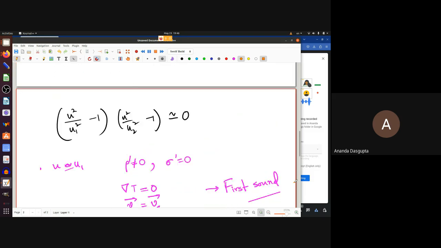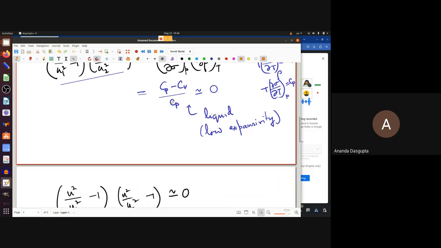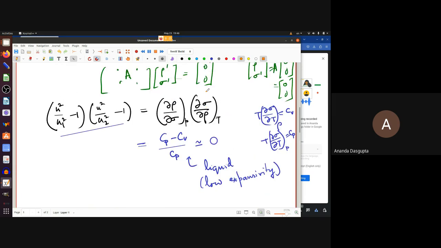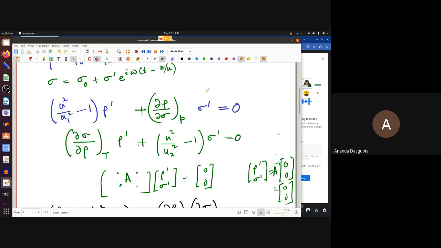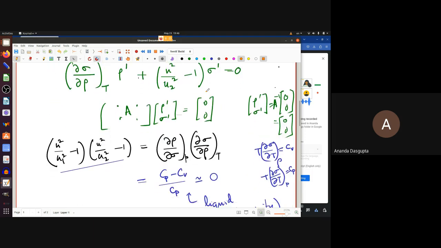Of course, this is an approximation because I'm assuming that Cp minus Cv is negligible compared to Cp. This is nearly zero. And we have already made small approximations. If you want to look at a more precise version, then of course you would have to solve the quadratic equation here, and there you will see that the first sound is a sound with u close to u1.